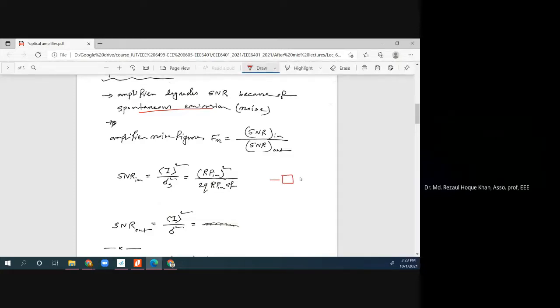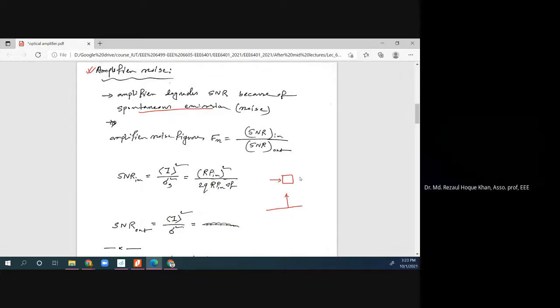If you input a signal, there is noise there also. If I draw a signal, for example, this is a signal in the frequency domain, this is our band, and a small noise will be there.